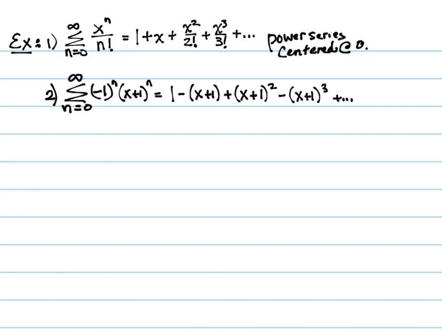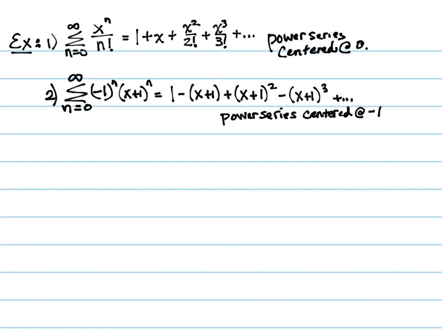And this would be a power series. But where would it be centered? At c, but what is c? 1. Close. Negative 1. Yeah, it'd be a power series centered at negative 1. Okay? So we're evaluating them just like we evaluate numerical series, just with x's in our problem when we're done.